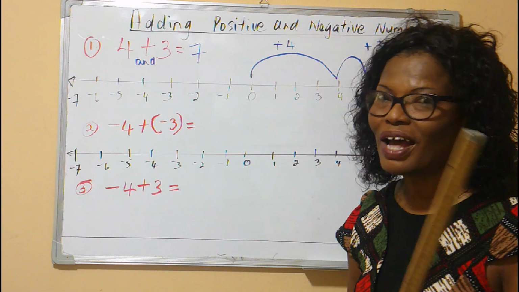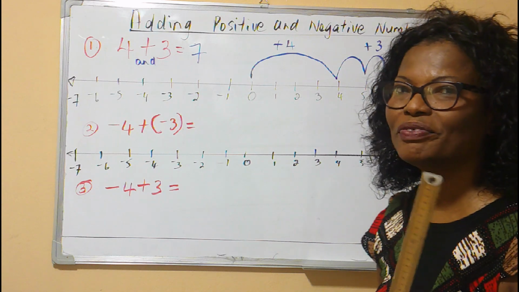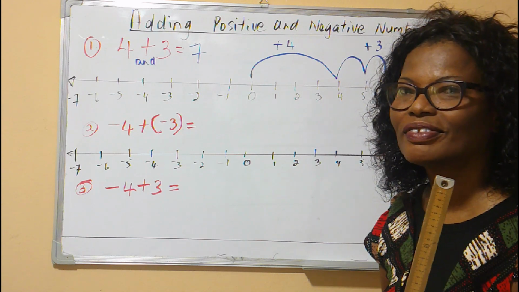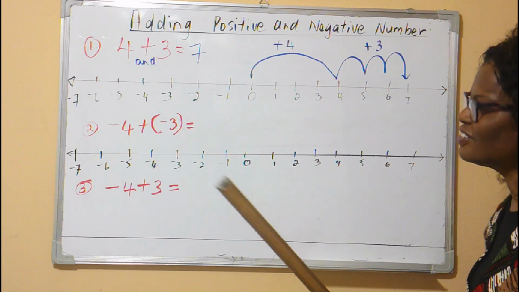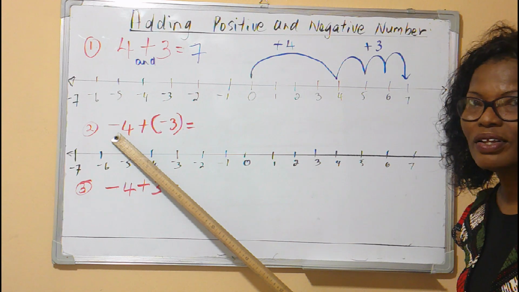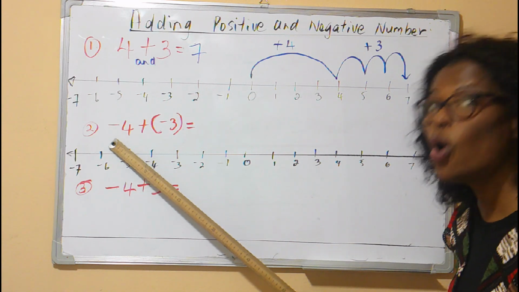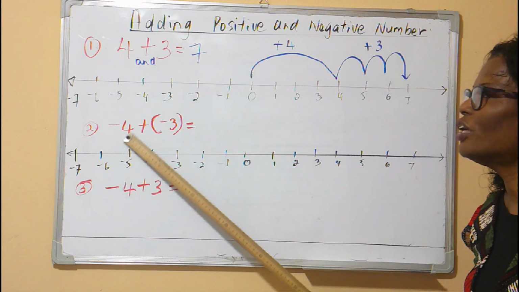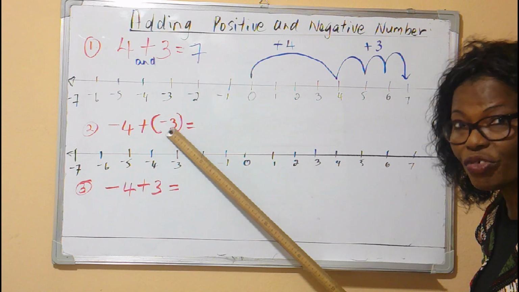Now I'm going to ask you to pause the video and try that one on your own. Okay? Got it? All right, let's talk about it now. This time we owe 4 and we owe 3.